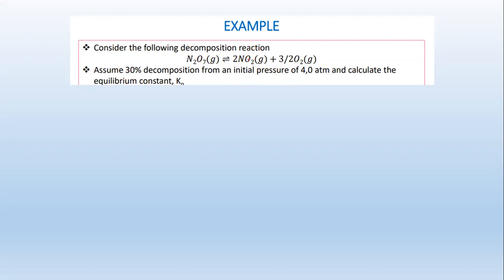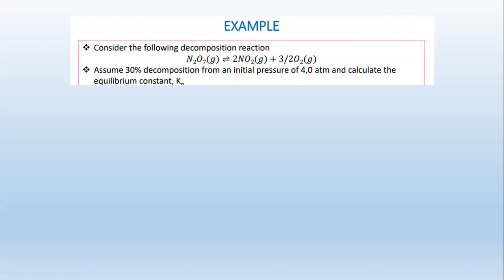Now, after considering the decomposition of this reaction, what's happening? They say to us, assume that 30% decomposition from an initial pressure of 4.0 atm and calculate equilibrium constant. So this is Kp.